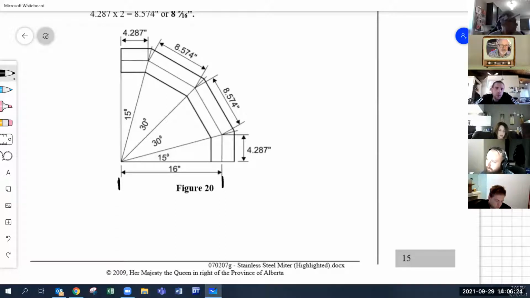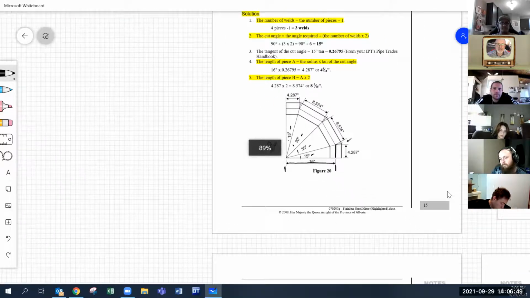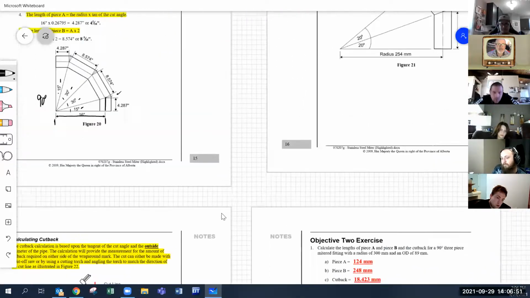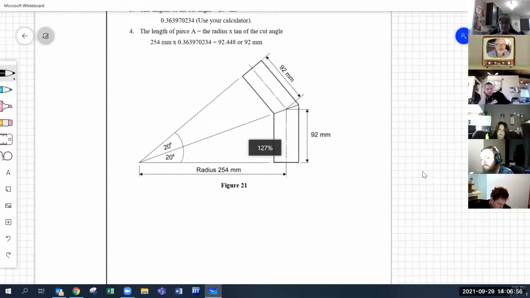Once you have the radius of 16, and if you know this measurement, you can figure out these measurements using trigonometry, because you can also have your angles in here making up 90 degrees, right? 15, 30, 30, 15. That's all they're talking about in here. And we get all the way down to, let's have a look at this here.